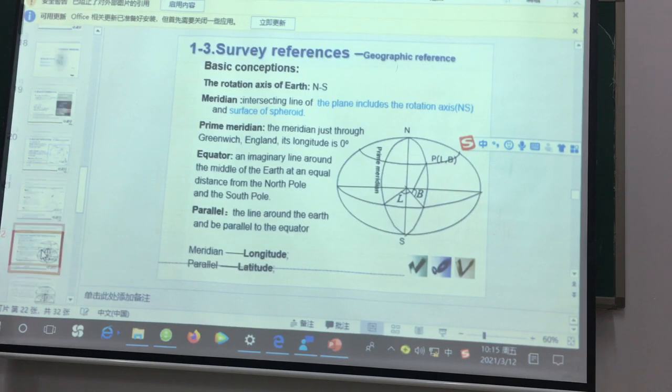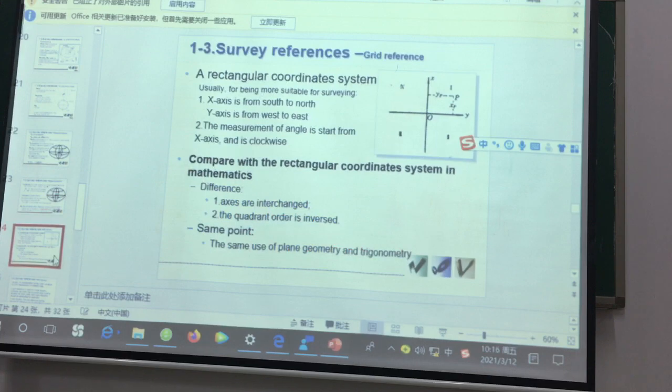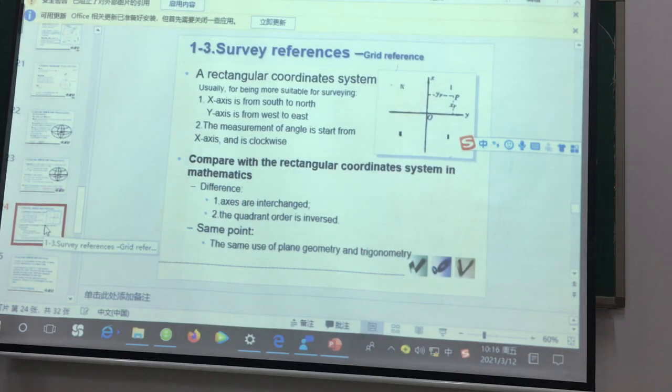And then we talk about meridian and parallel. That means we can use longitude and latitude to locate a point on the surface of Earth. Another important point is the rectangular coordinate system.